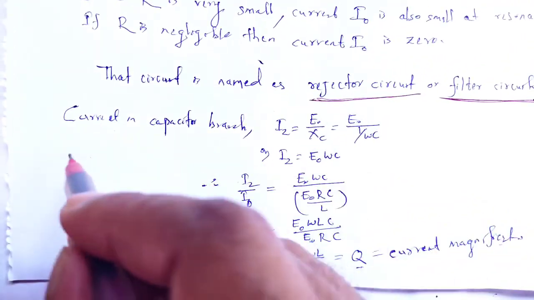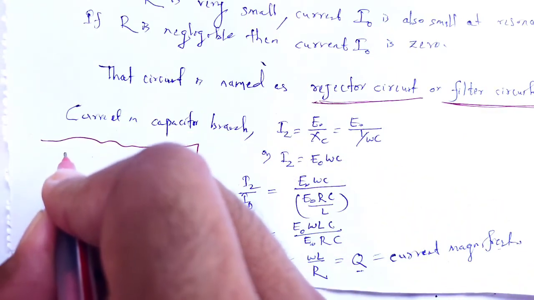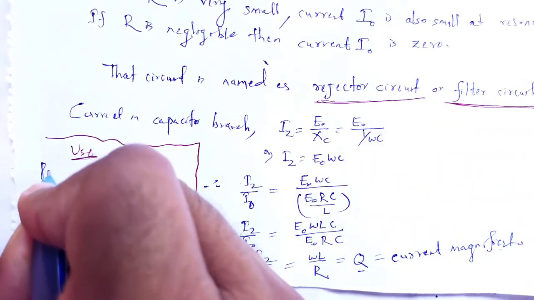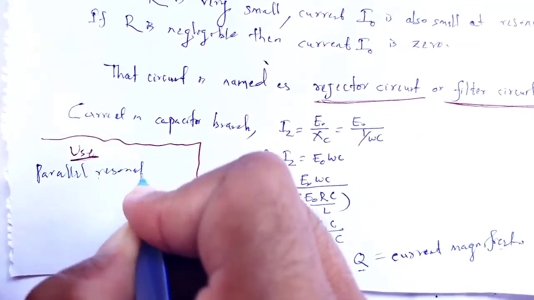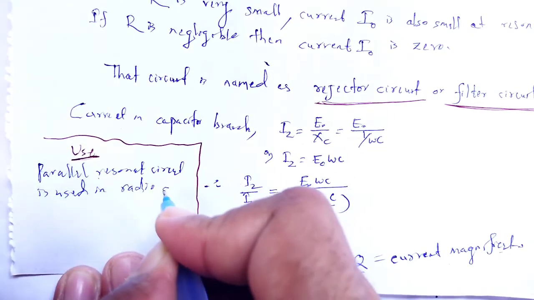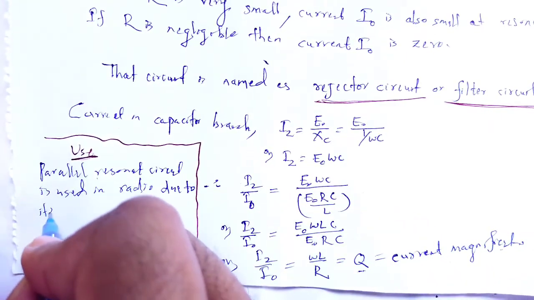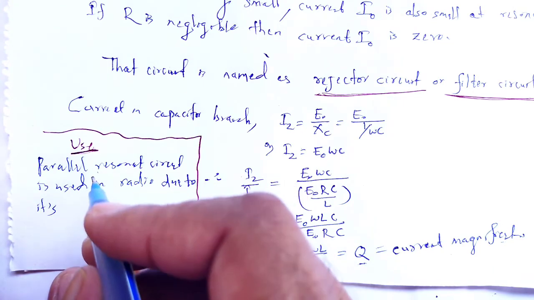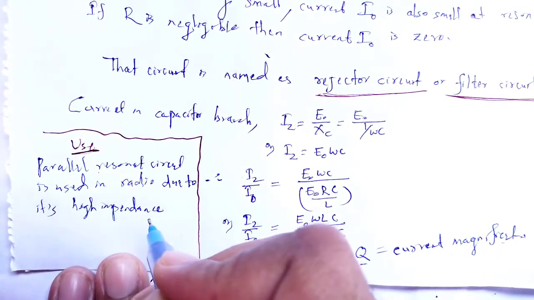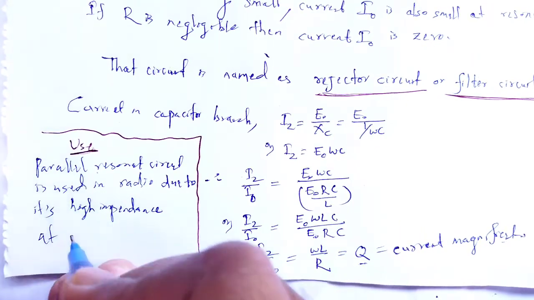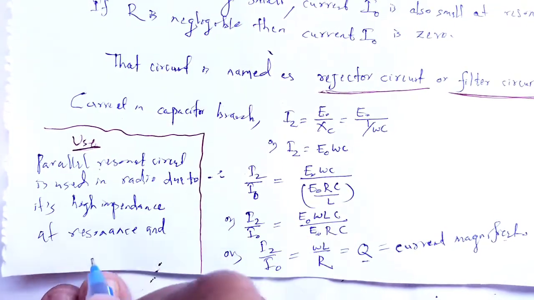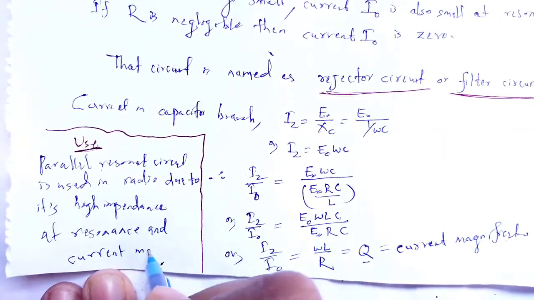So, the usefulness of parallel LCR circuit: the parallel resonant circuit is used in radio due to its high impedance at resonance and current magnification.